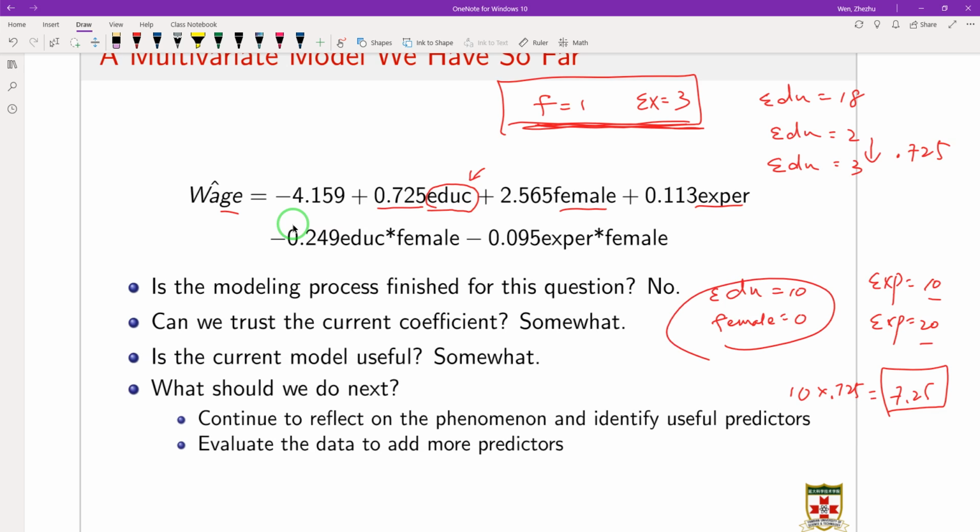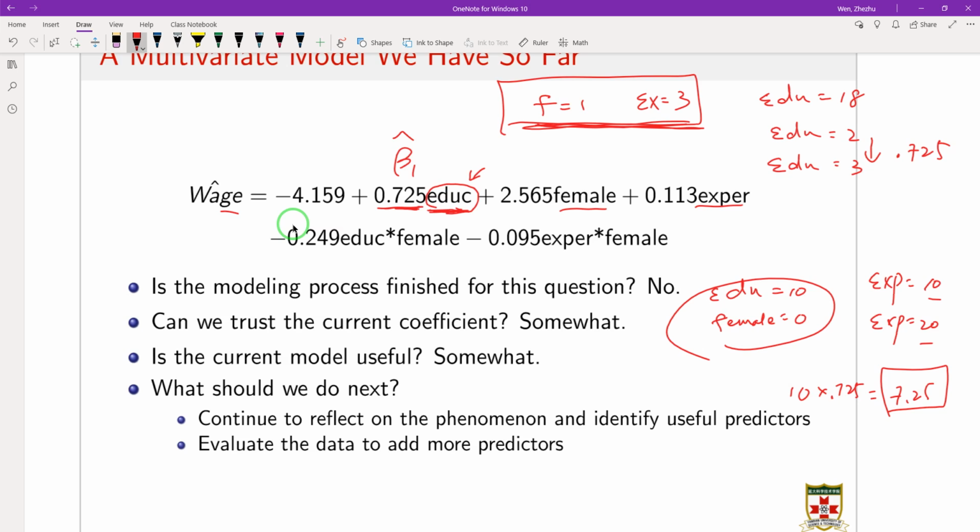Okay, so when you have multiple predictors, this is the way you interpret your model. Given other predictors remaining the same, that is a standard phrase you always have to add. Given the same gender and the same level of experience, 1 year of increase in education will increase the wage by the size of beta 1.